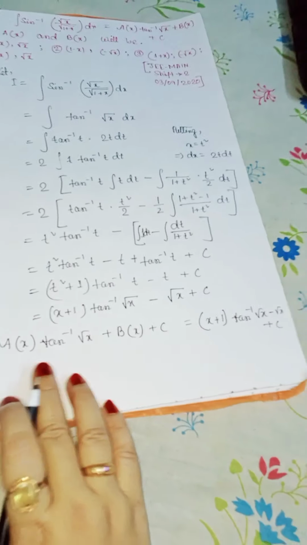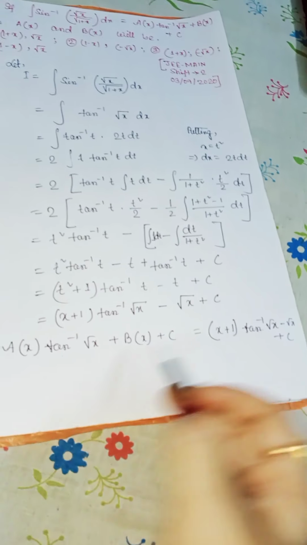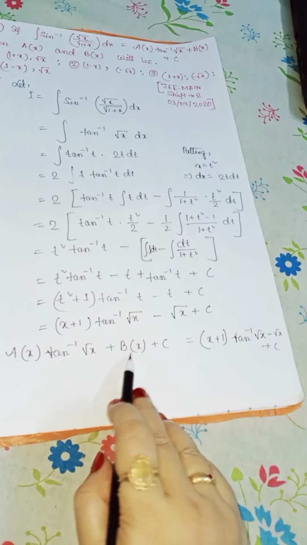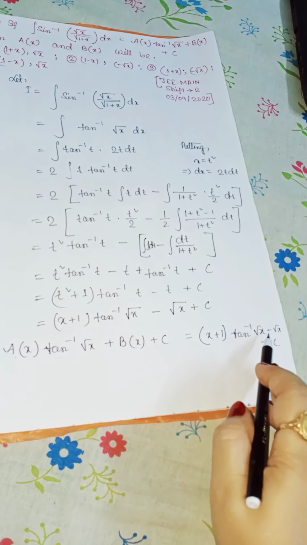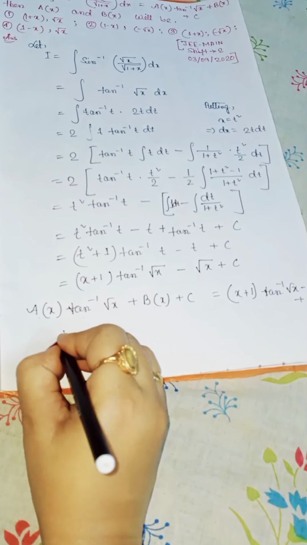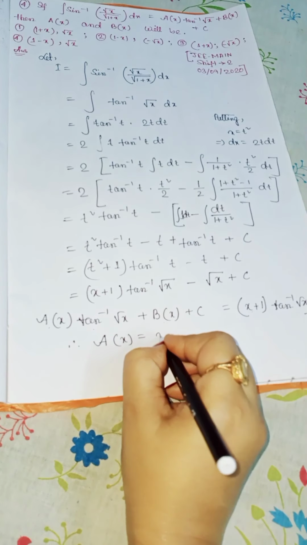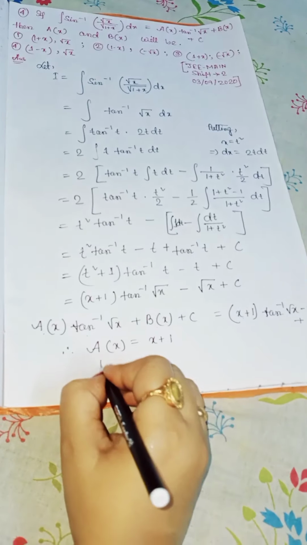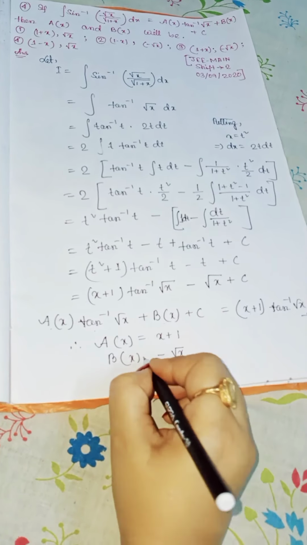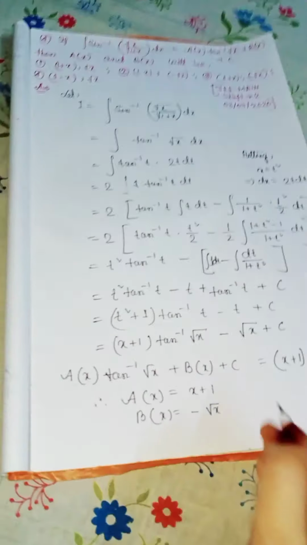So here we see that tan inverse root x is common here, then ax is equal to x plus 1 and bx is equal to minus of root x. So this ax is equal to x plus 1 here and bx is equal to minus of root x, and c is also common.